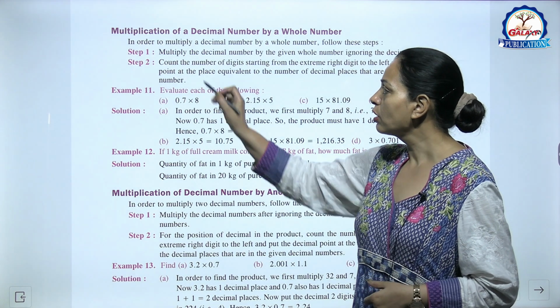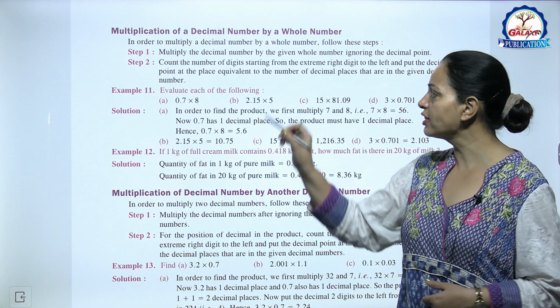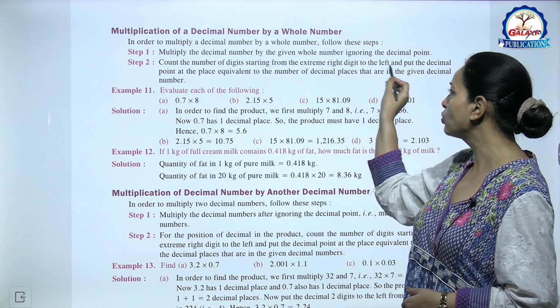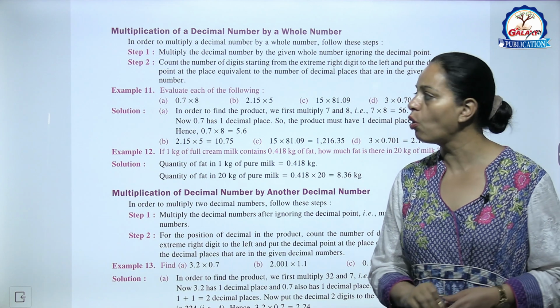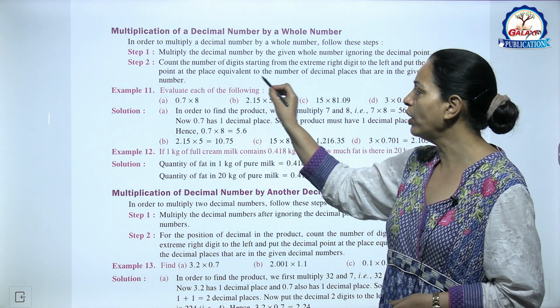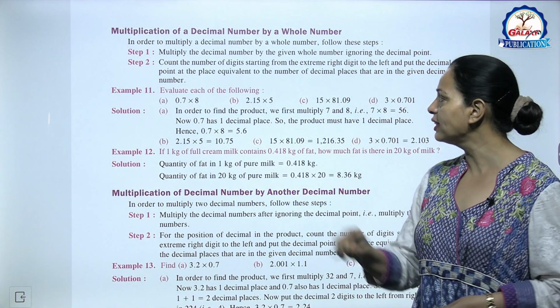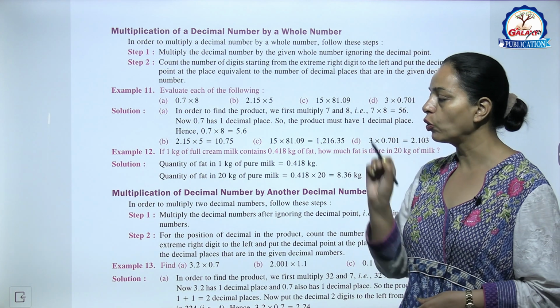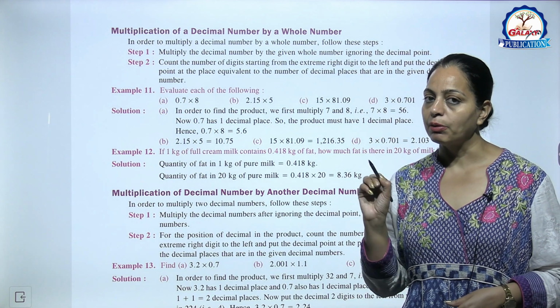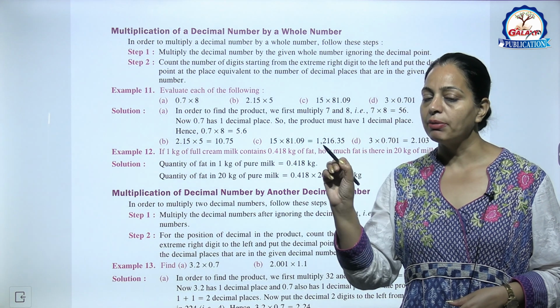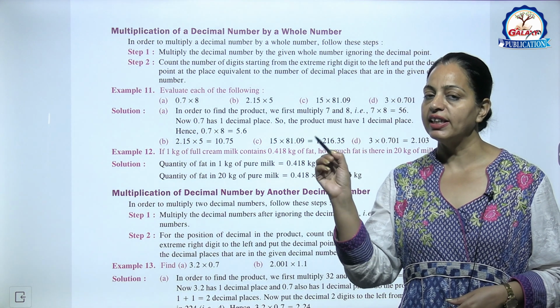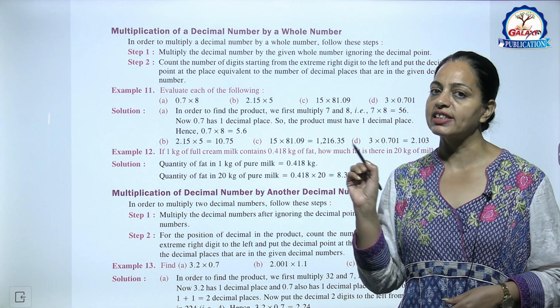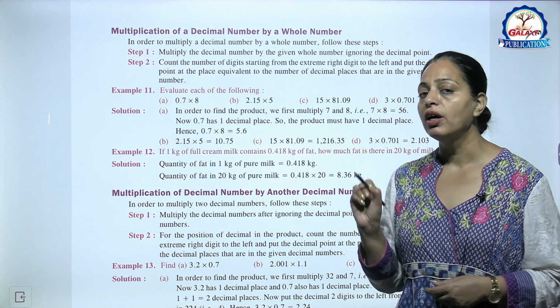Then step 2, count the number of digits starting from the extreme right digit to the left and put the decimal point at the place equivalent to the number of decimal places that are in the given decimal number. फिर जो product होगा जहाँ पे हमें decimal point लगाना है, जो decimal number में decimal point जितने digit से पहले है उतने ही digit से पहले हम decimal point को लगा देंगे.